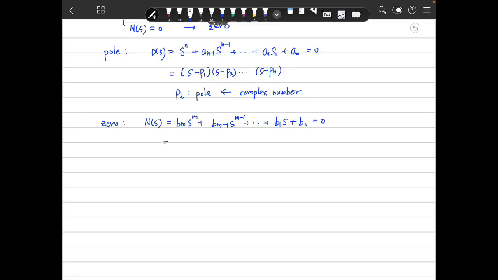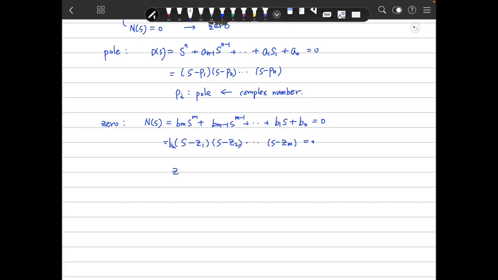The same way, it can be represented as b_m (s - g1)(s - g2)...(s - gm), which will be 0.